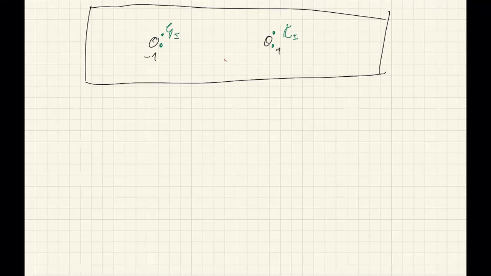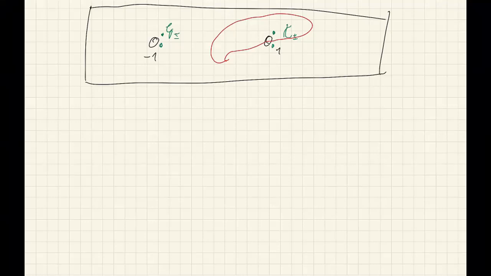So let U be some subset such that it has he plus but not he minus, and the other pair of characters for simplicity is not in it.